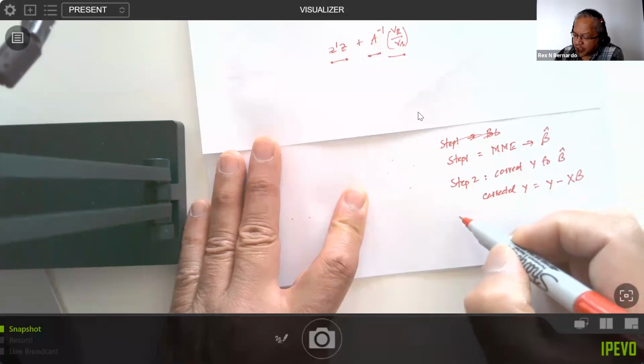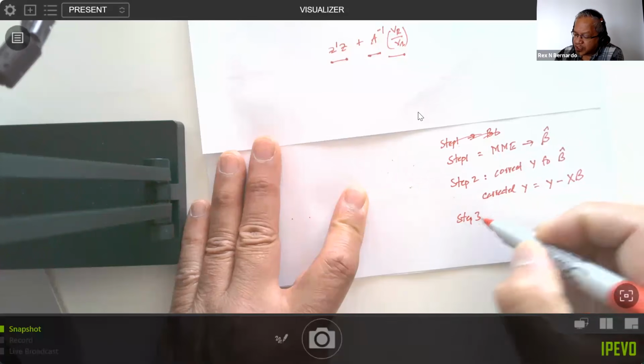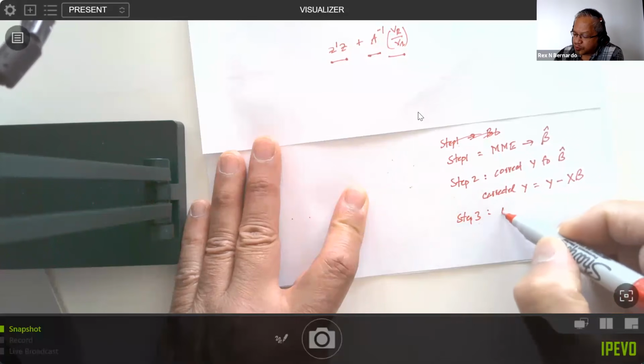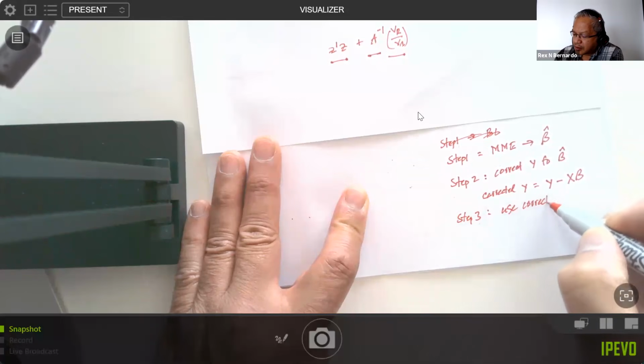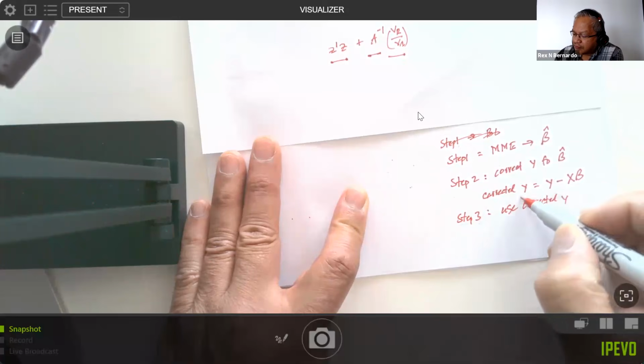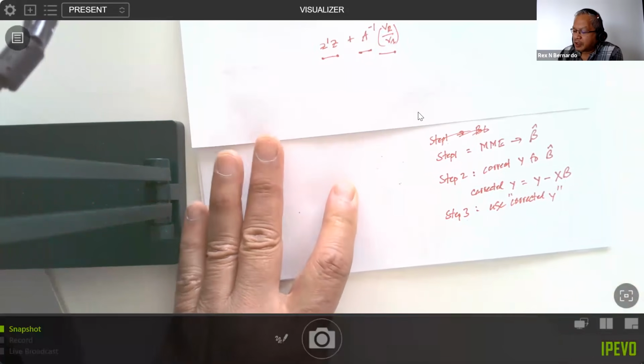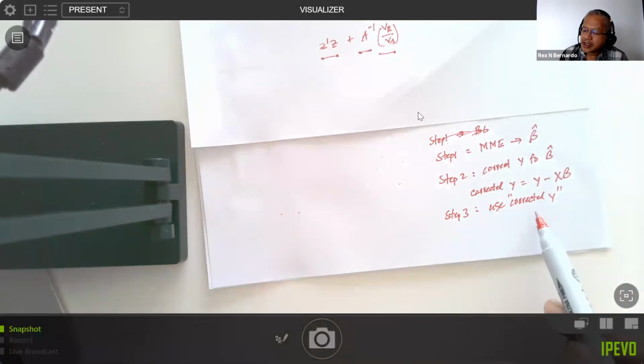Okay, and then in step 3, I would use my corrected Y for whatever I want to do. I would use my corrected Y for my training population. I would use my corrected Y for GWAS.